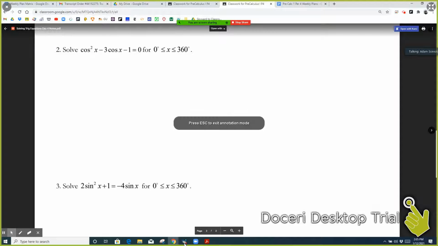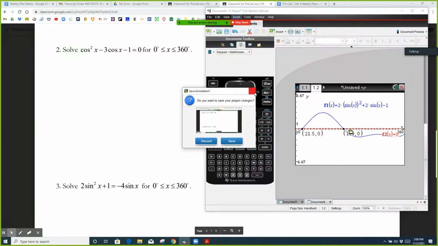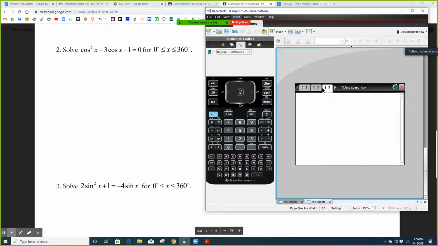So I'll do that on my calculator. I'll do control division to get my fraction bar, and then do the opposite of b. So b is the coefficient in front of the cosine of x. A is the coefficient in front of cosine squared of x, and c is the constant.